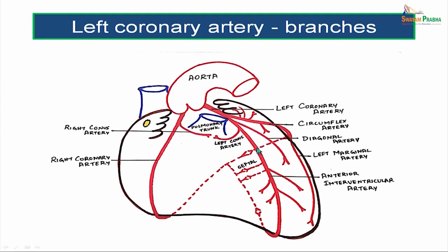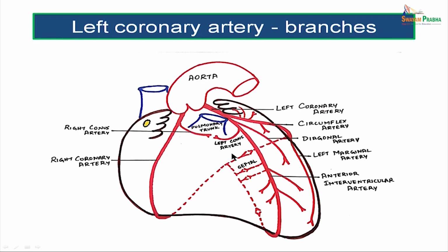Occasionally, in about 10% of individuals, the circumflex artery will end by giving off the posterior interventricular artery. Otherwise, normally in 90% of individuals, the posterior interventricular artery is a branch coming from the right coronary. So, in 10% of individuals, the left coronary branch, the circumflex artery, will end by forming the posterior interventricular artery.